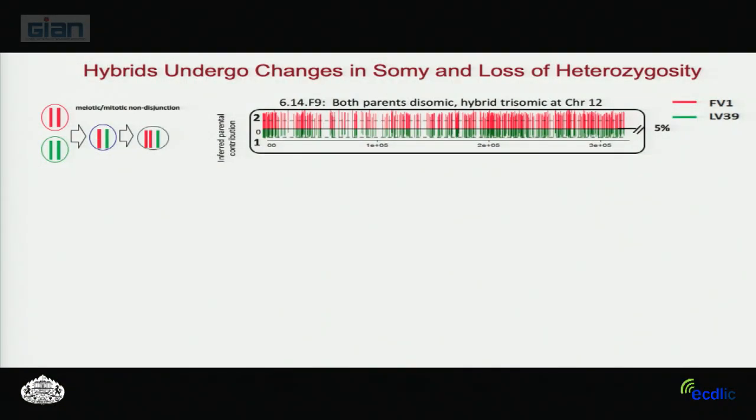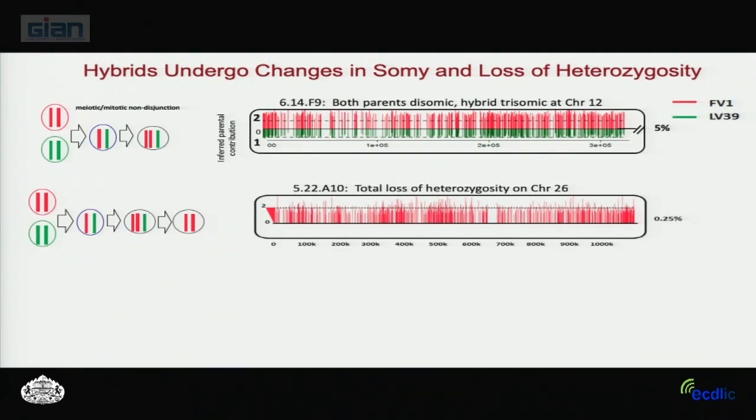But we did see hybrids that showed unexpected changes in somy, loss of heterozygosity. If we look at this hybrid, chromosome 12, both parents are disomic for this chromosome, and yet here is one of the offspring. Now it's trisomic, and it now has an extra copy, suggesting that these aneuploid changes can arise during meiosis.